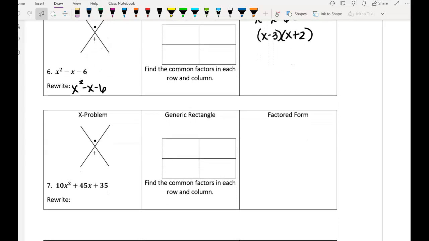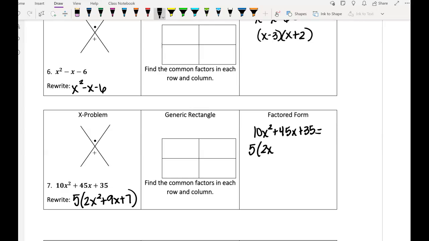On number 7, you do have a GCF here, so your rewrite would be 5 times the quantity, 2x squared plus 9x plus 7. So our factored form, we started with 10x squared plus 45x plus 35. That now becomes 5 times 2x squared plus 9x plus 7. And one thing I want to make sure, don't lose that 5.